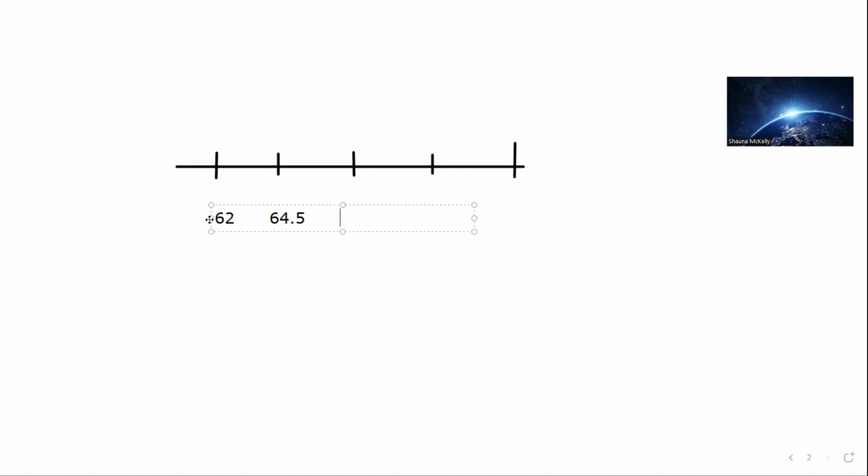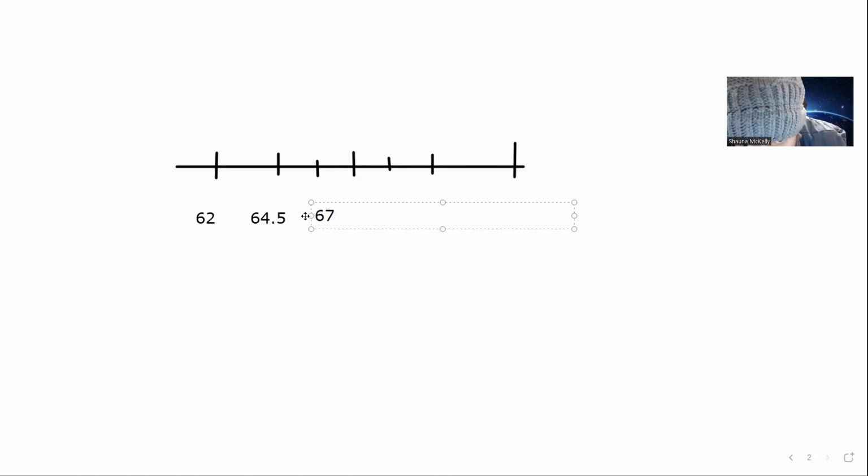I need to move this over and make a couple more marks. Let me make a mark here. Put them there. And a mark here. I might need another mark. Okay, let's see. So this is going to be 67.